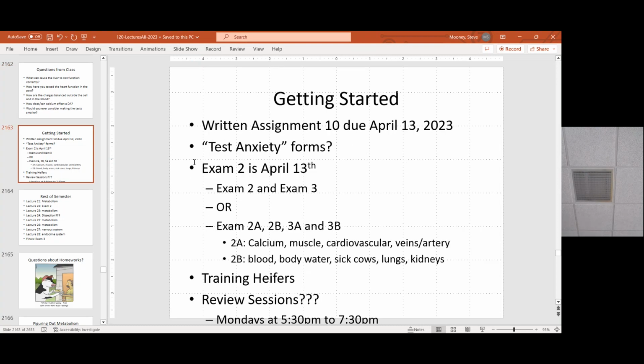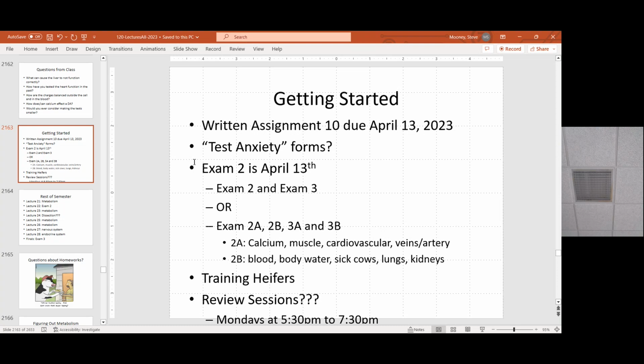So if you're thinking about the announcements, that would look like we'd split the second and third exams into 2 parts. For the next exam, the A part would be about calcium metabolism, muscle, cardiovascular, veins and arteries, and then a second half would be about blood, body water, sick cows, lungs, and kidneys.